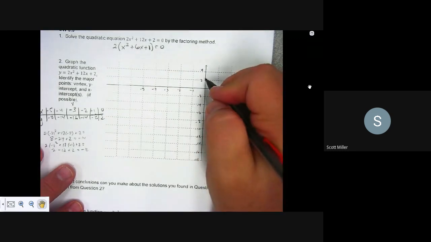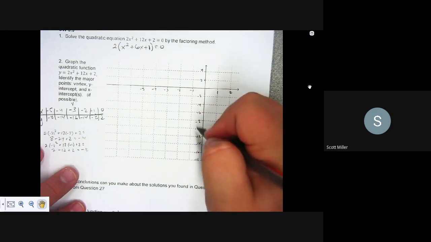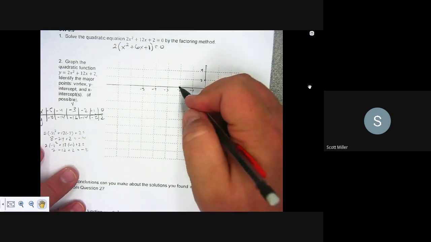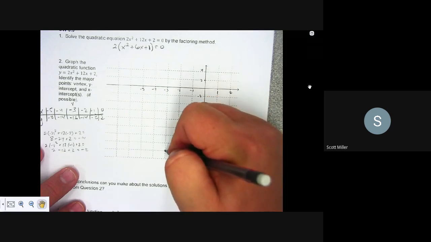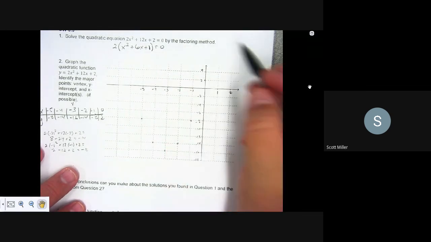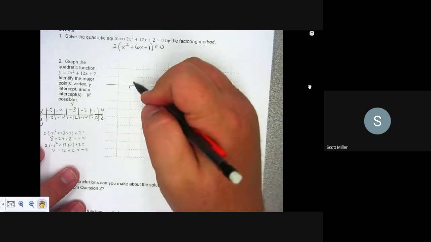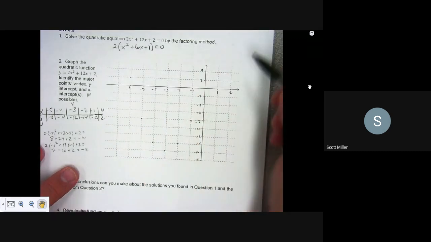So at 0, we have a 2. -1 is -8. -2 is -14. -3 is -16. This is at -14. And this over here is at -8. And so I can see clearly that at -6, I'm up at 2 again. Because it has to be symmetric. So I can draw this graph.